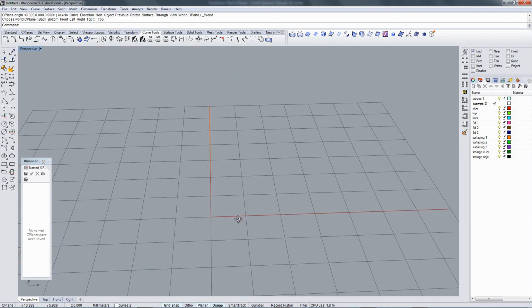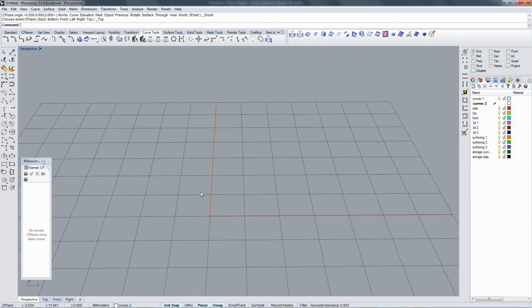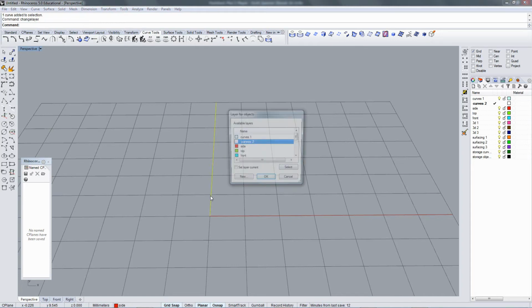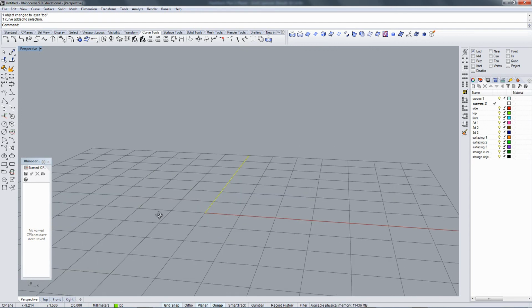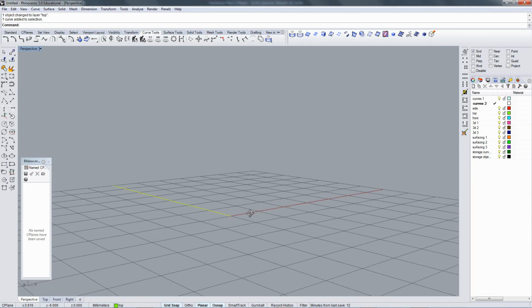Back to top C-plane, which is the global coordinates. Kind of think of them as the real coordinates. It's back to being green for the Y. Okay? So, you have global coordinates, local coordinates. Try your best to really keep your head in global coordinates.